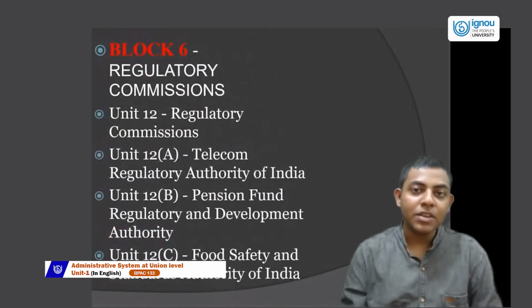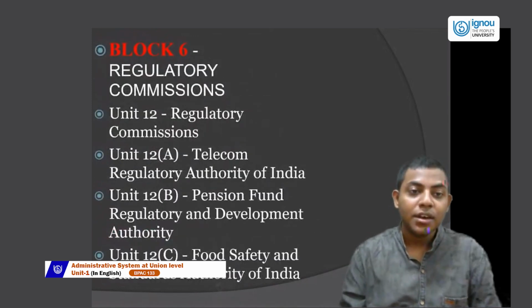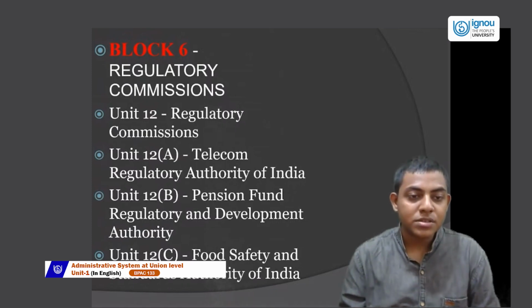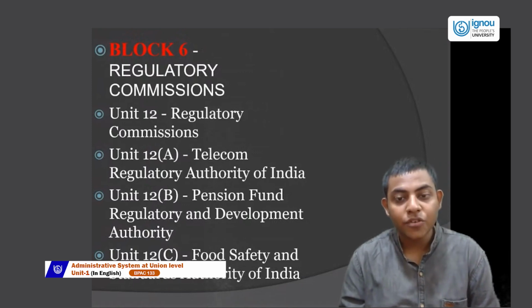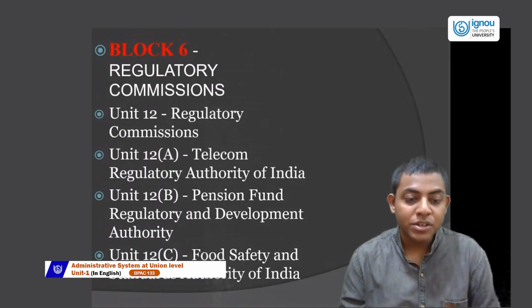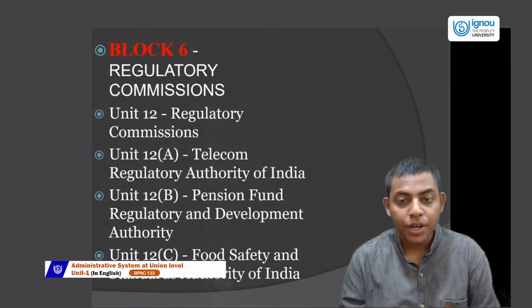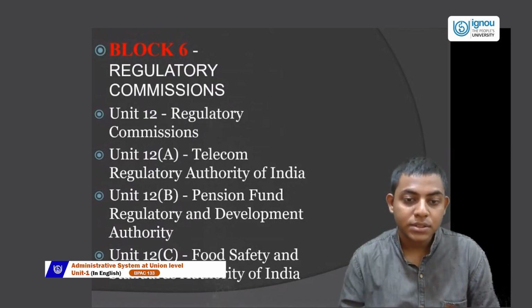The final block that we have is Block 6, related to regulatory commissions. In the regulatory commissions, we are going to read about the Telecom Regulatory Authority of India, the TRAI, the Pension Fund Regulatory and Development Authority, and finally the Food Safety and Standards Authority of India.